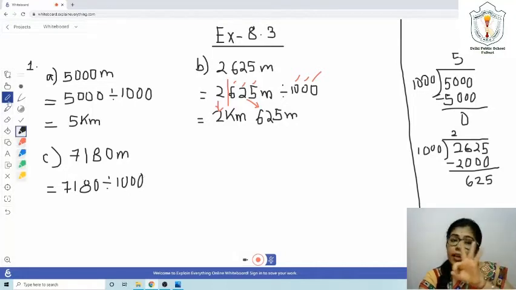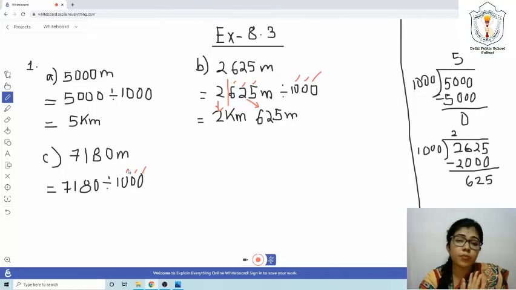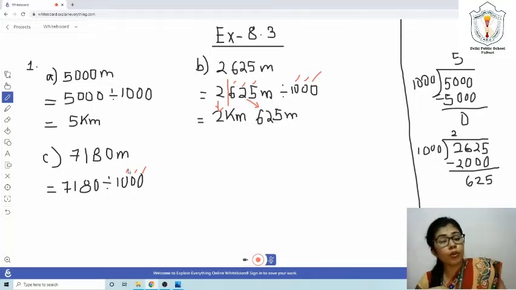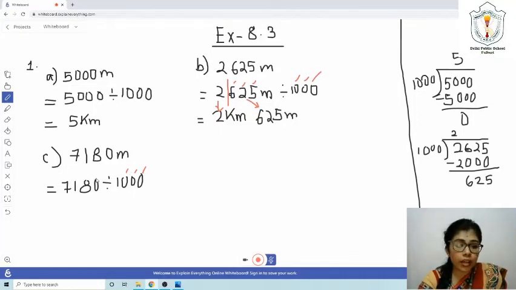It has 3 zeros. So 3 zeros means 3 numbers. 1 2 3. Start from your right hand side. Don't make this mistake. Start from your right hand side. So here I have 3 numbers, 1 2 3. What is remaining with us?